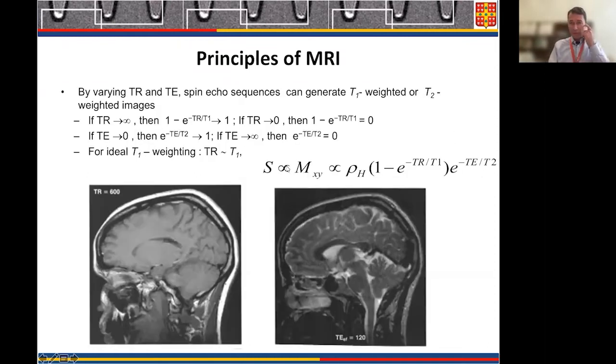So we don't have too much time to describe the different types of processes for signal generation in MRI, but all of this is to mention that signal in MRI is generated by the concentration of hydrogen protons in the tissues, but also TR, the repetition time, T1, the factor of longitudinal recovery, TE, the echo time, and T2, the intrinsic transverse relaxivity factor.